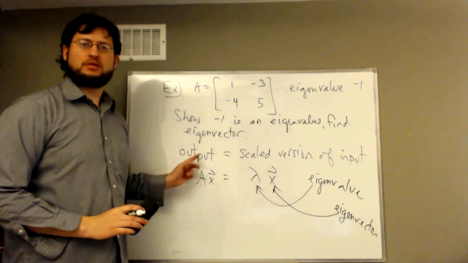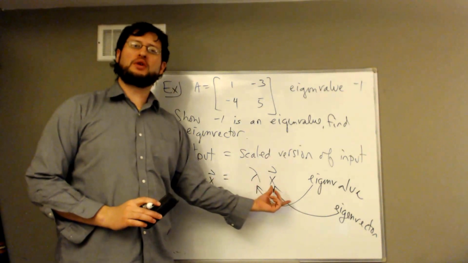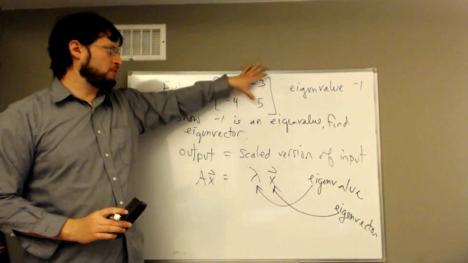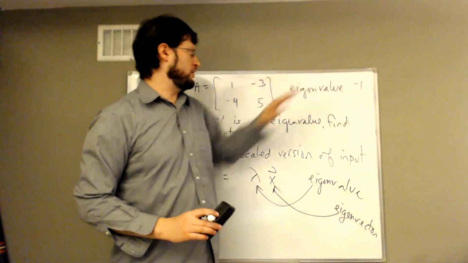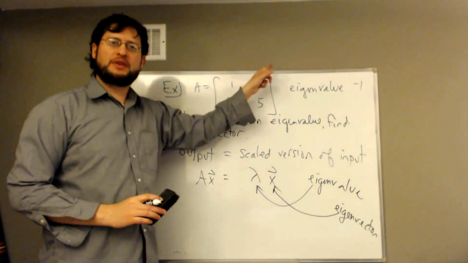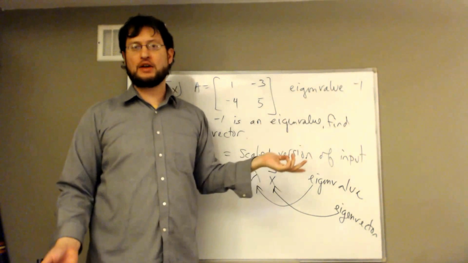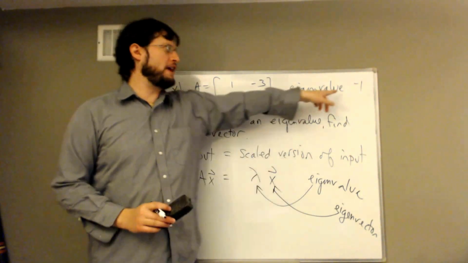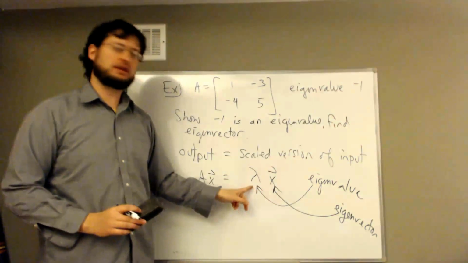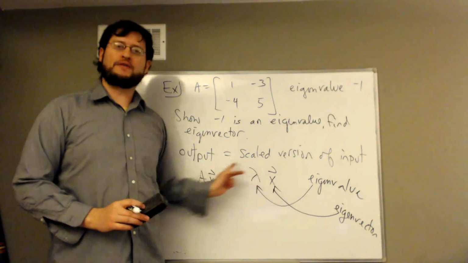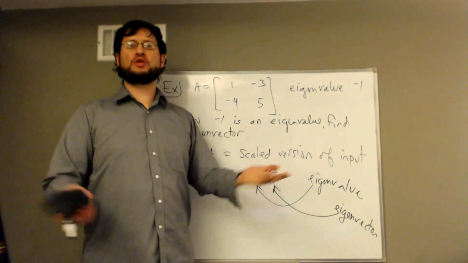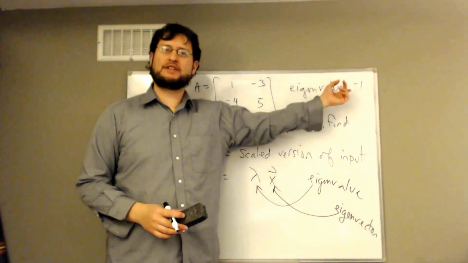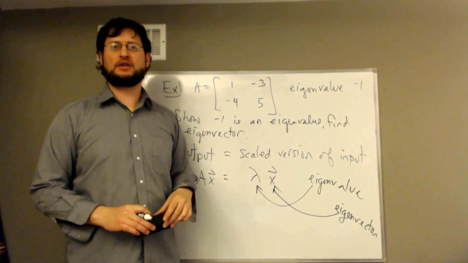So the trouble with this is we really have 2 unknowns here, right? In general, we're just starting with a matrix A, and you'll be asked to find eigenvalues and eigenvectors. We have a guess for an eigenvalue, so we have something we can put in for lambda, and then solve for x. But in more general cases, we may not even have a guess, and we might not have any idea what the eigenvalues are.